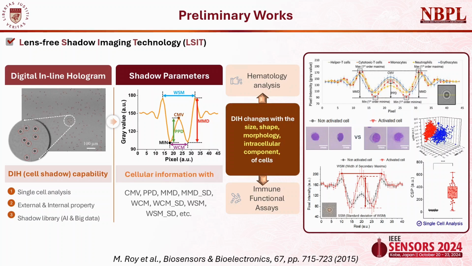Through the amplitude information, we can determine the cell size and internal characteristics. And these shadow images are analyzed using a cell detection algorithm that extracts detailed information about the cell, including size, shape, and internal structure.